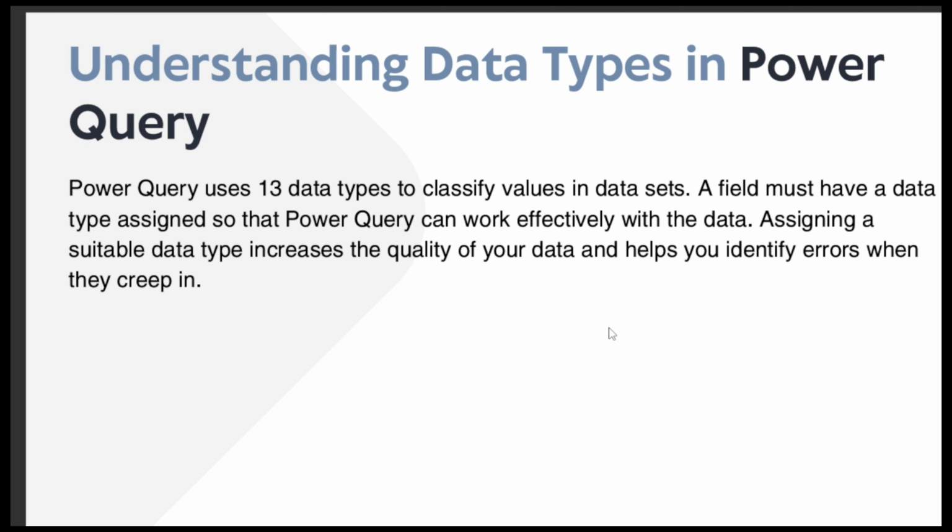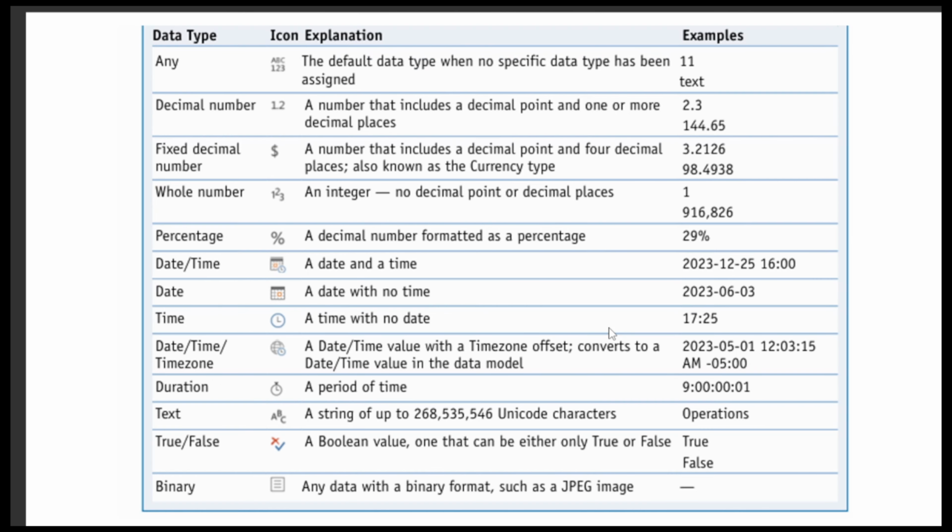Assigning a suitable data type increases the quality of your data and helps you identify errors when they creep in. So you can see here all the 13 data types. Whenever we load the data in Power Query Editor, we will be able to see these data types.